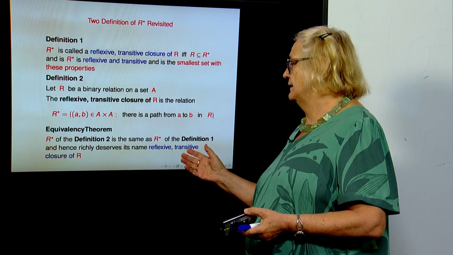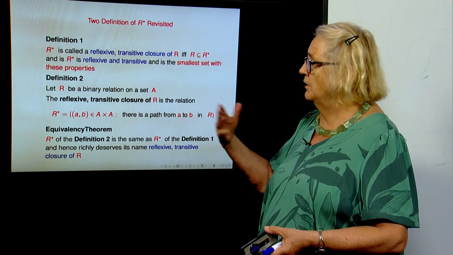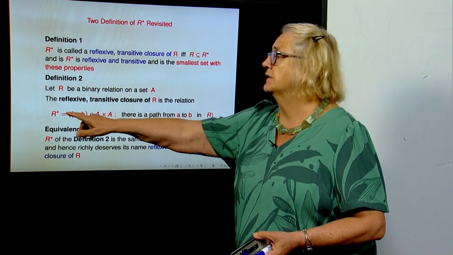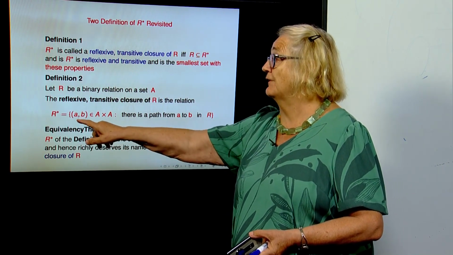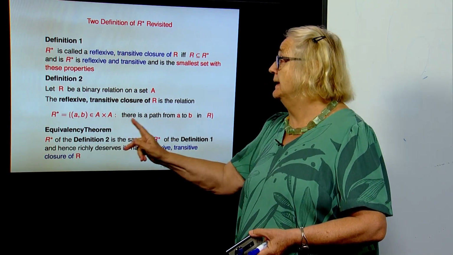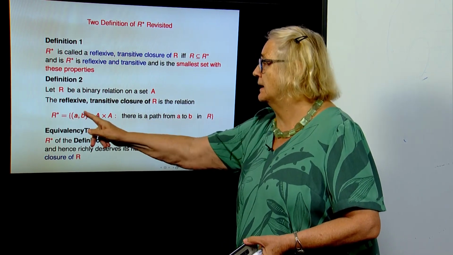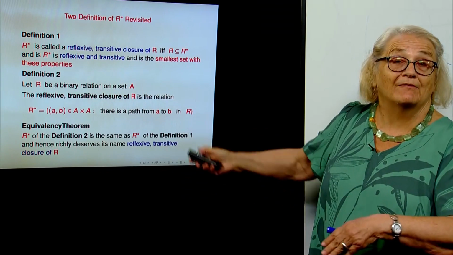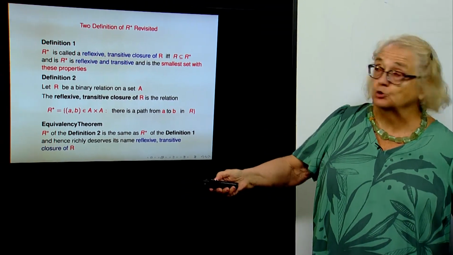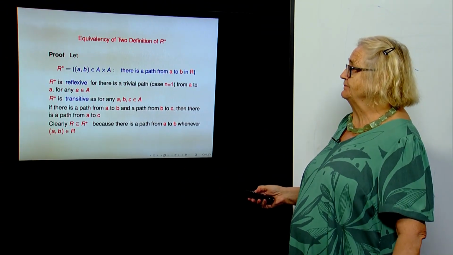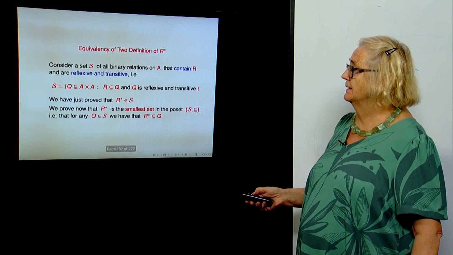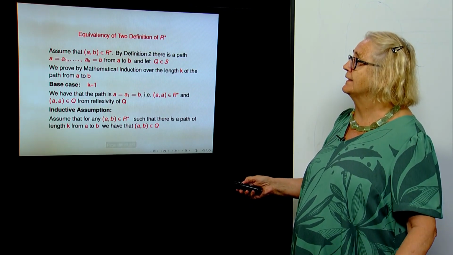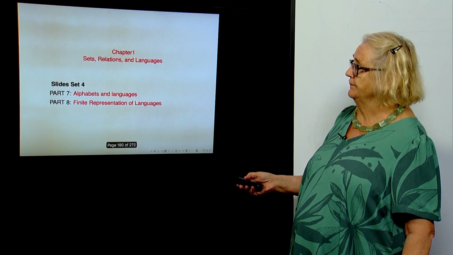You have different definitions of closure, and they are the same, but basically what is important is that R star is the set of pairs (A, B) such that there is a path from A to B in R. And we will use that, this path would be a computation in our automata. And of course, we show that you can define it in different ways, and we do it.